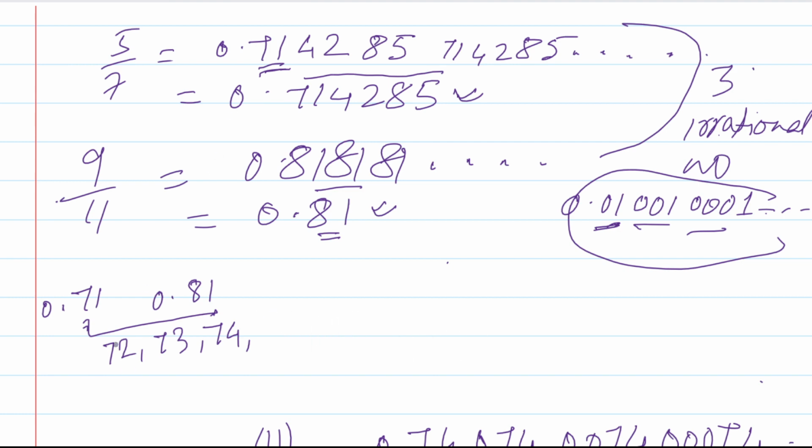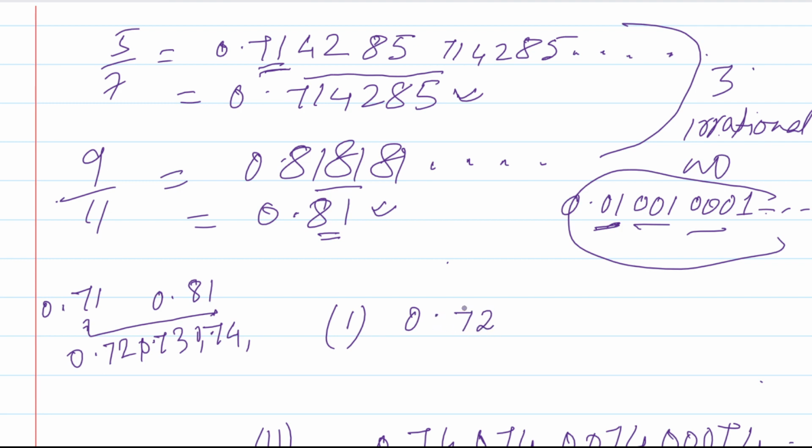The first one is 72. So 0.72 here also, 0.73 here also, 0.74. So the first irrational number that can be taken in between 5 by 7 and 9 by 11 is 0.72.